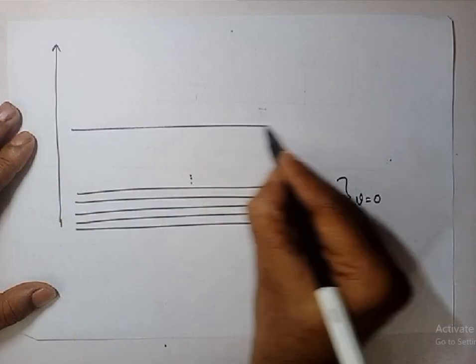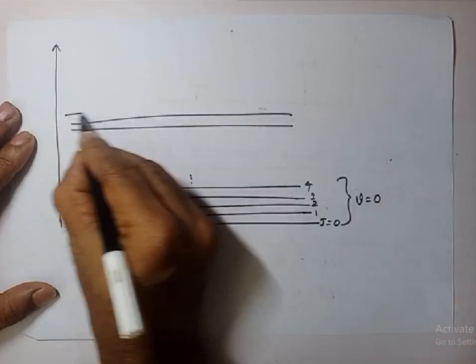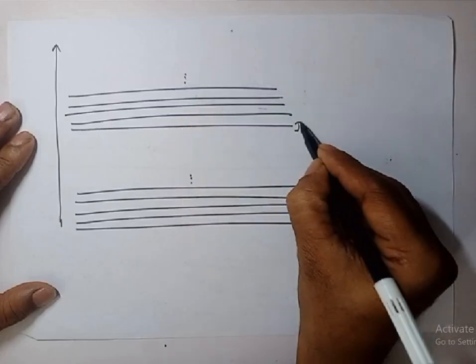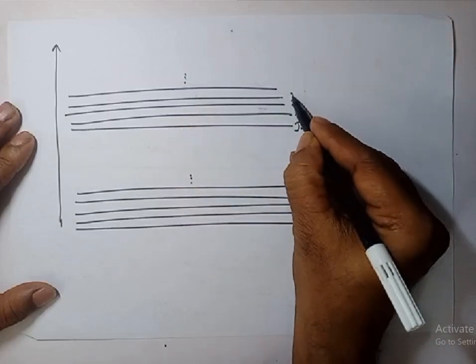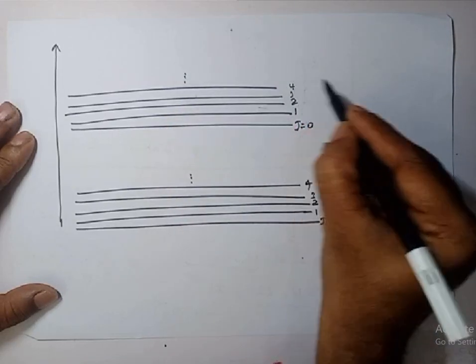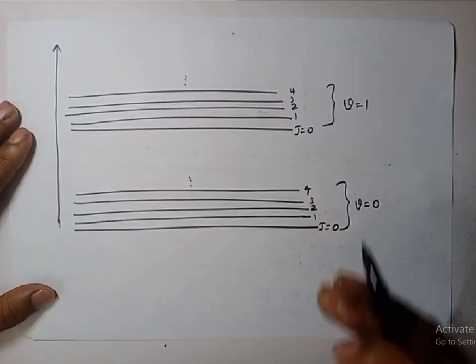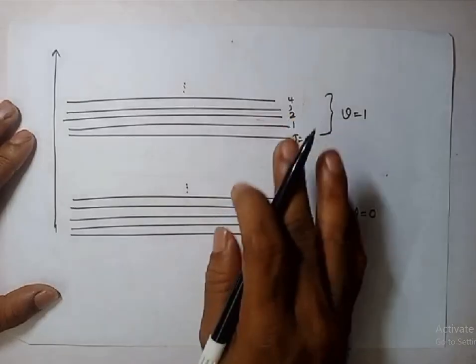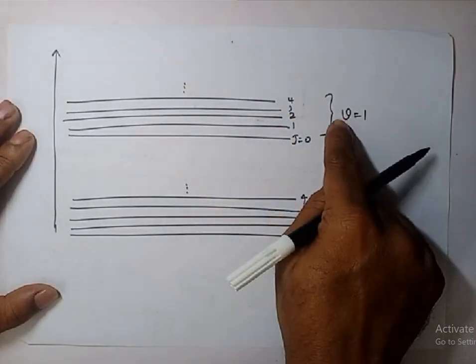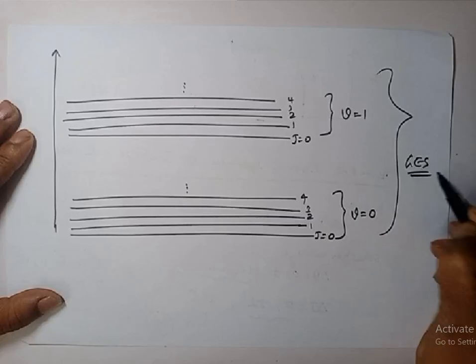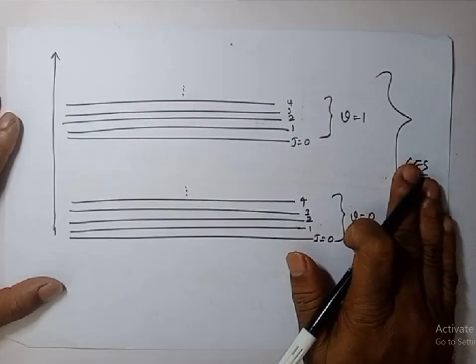And we have rotational states J = 0, 1, 2, 3, 4, etc. These are all rotational states corresponding to the V = 1 level, the first excited vibrational level. And remember, V0, V1, V2, V3 all correspond to the ground electronic state. So the molecule is in the ground electronic state.